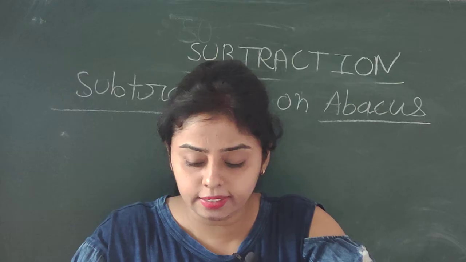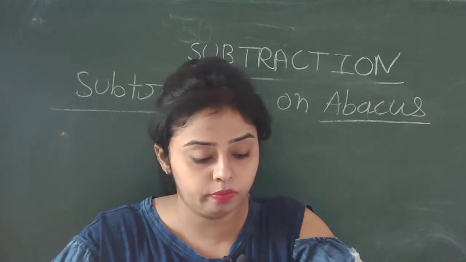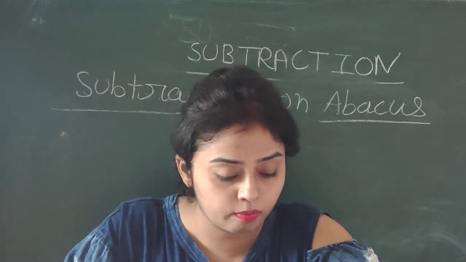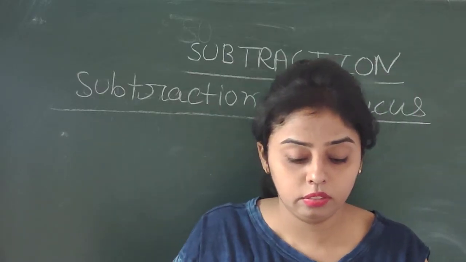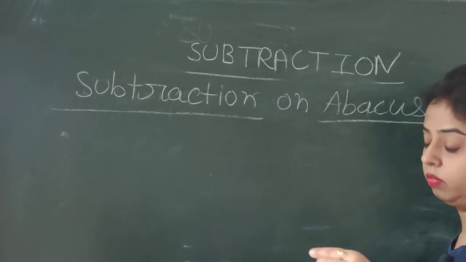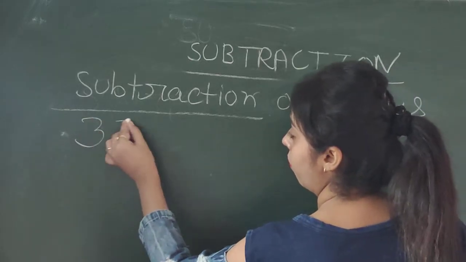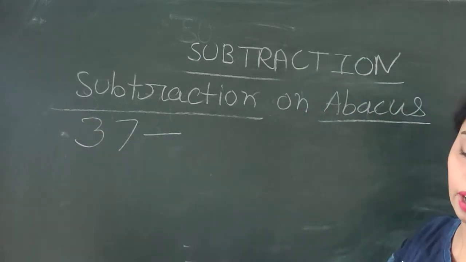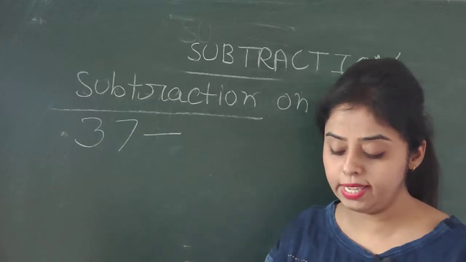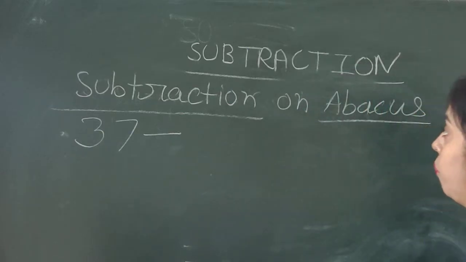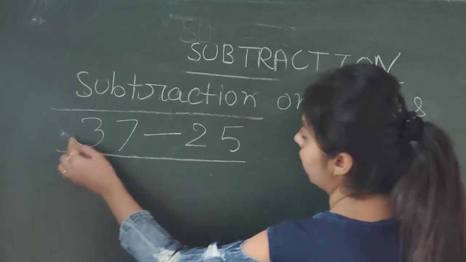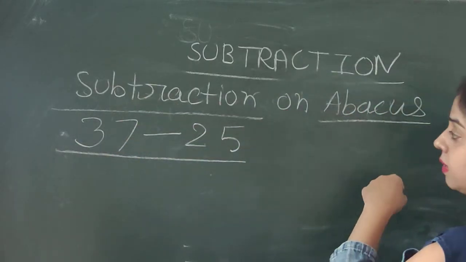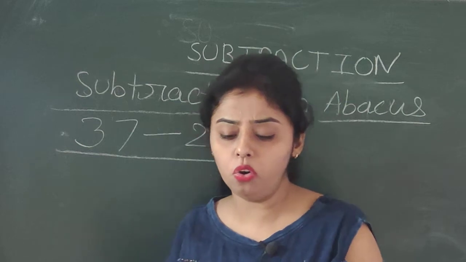So let's start the example now. 37 subtract the 25, page number 62. Subtraction on abacus. So diagram now.